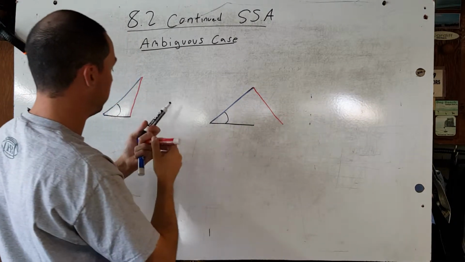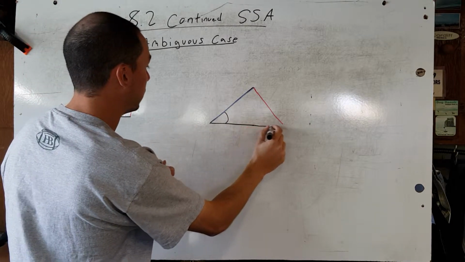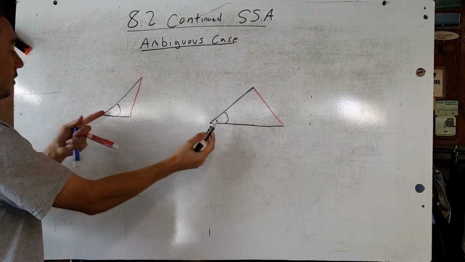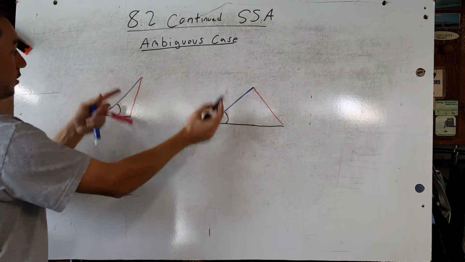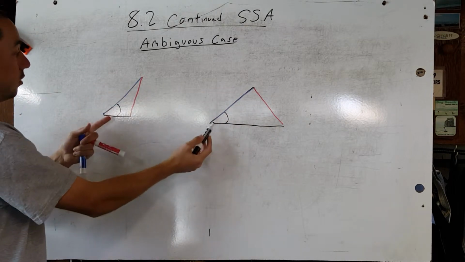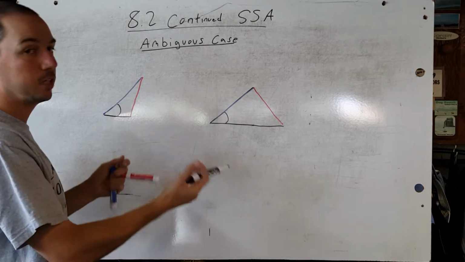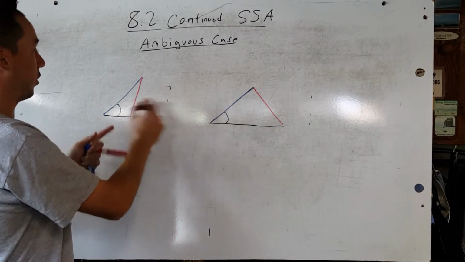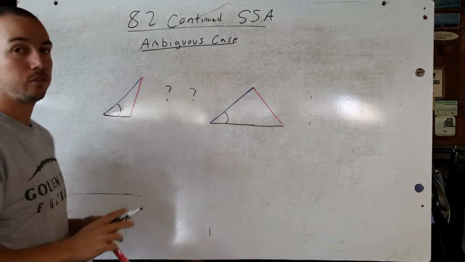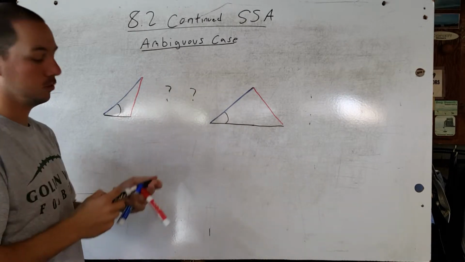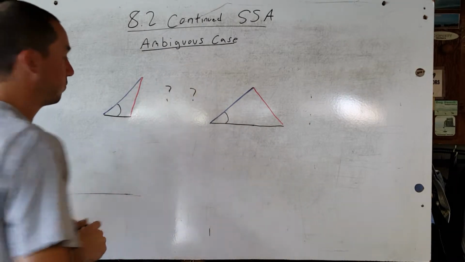It looks about the same. And you see that side-angle, or say angle-side, the same does not mean one unique triangle. It is ambiguous. You could have this triangle or this triangle, and that's what we have to watch out for when we have side-angle or angle-side.